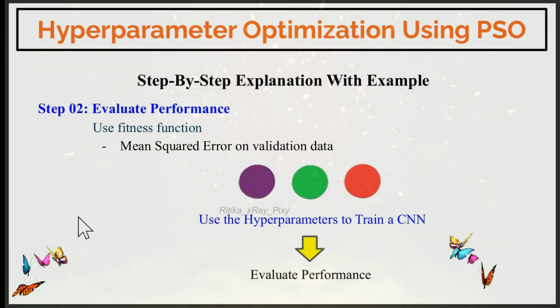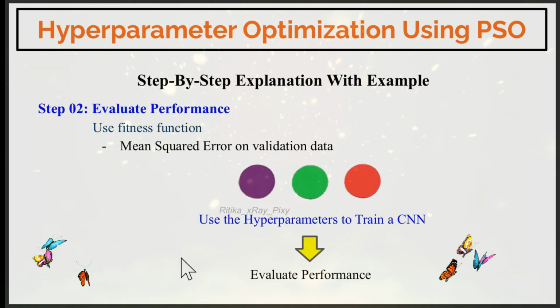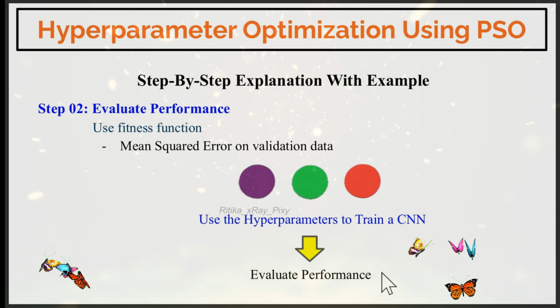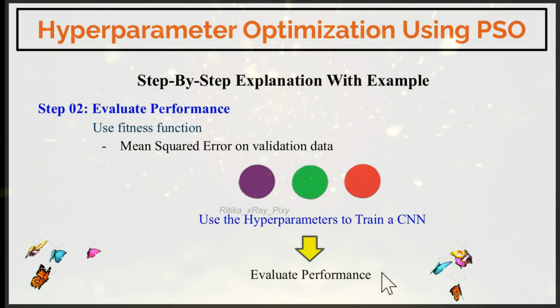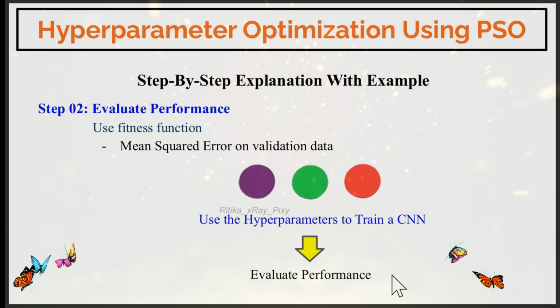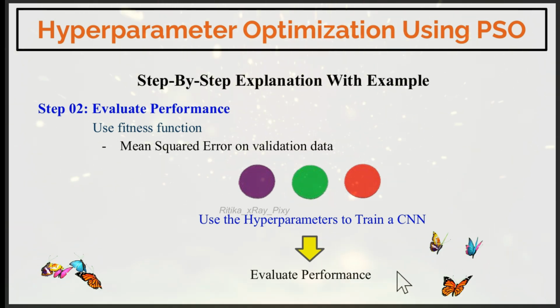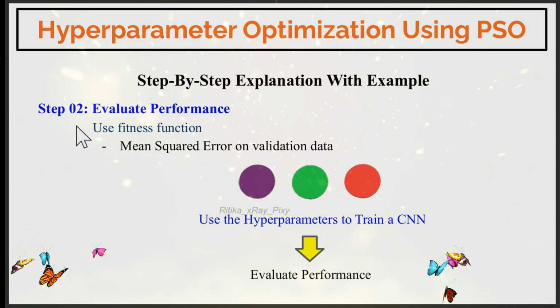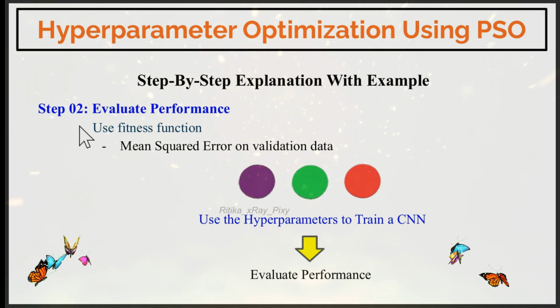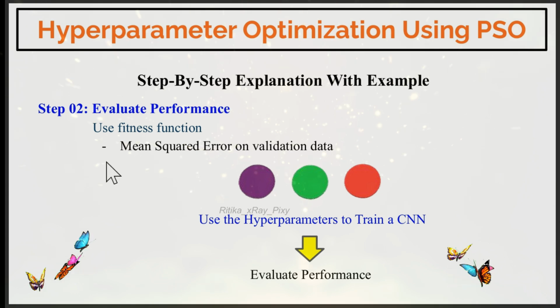After that we will evaluate the performance. It means we will calculate the fitness value for each particle. We initialized their positions, now we will calculate their fitness. Now we will check how fit each particle is. For that we need an objective function, or you can say the fitness function, to determine the fitness of each particle. So here we are using the mean squared error on validation data.